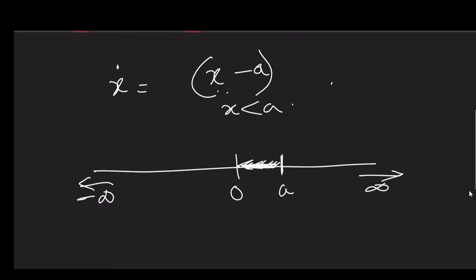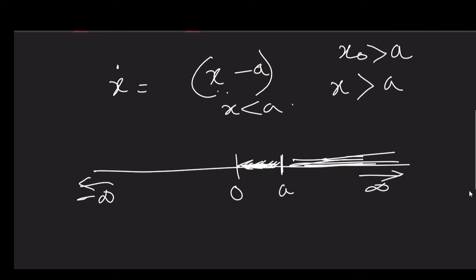But once x becomes greater than a, if unfortunately you started with any x naught located at a distance greater than a, then in this region the system is unstable, right? From 0 to a it's stable, and on this side it is totally unstable for the entire operation, if you consider a a positive number.